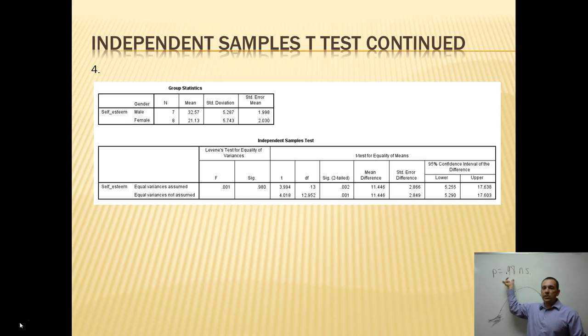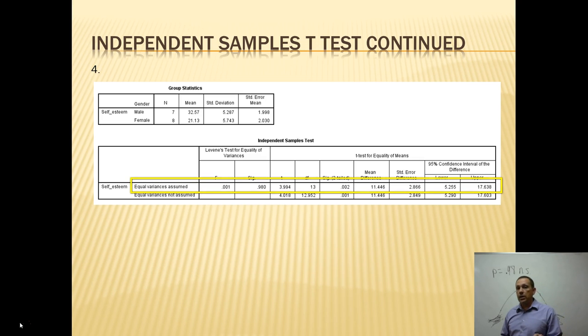What this means then is the null regarding their variances is true. There is no difference between the variances. This is a good thing. So when we find that this Levene's test is not significant, it tells us then that we are to use the top line or this top row of numbers for our analysis.